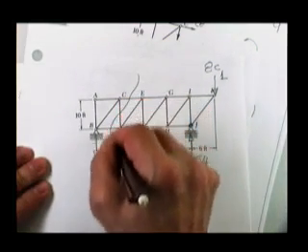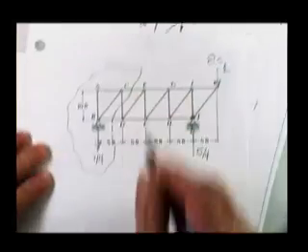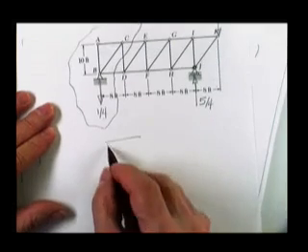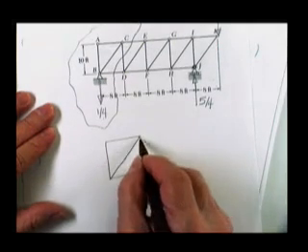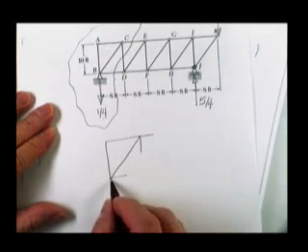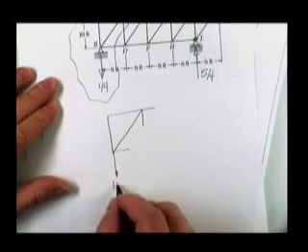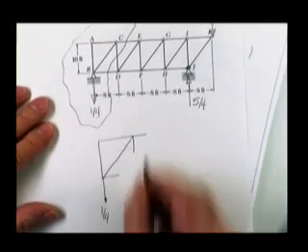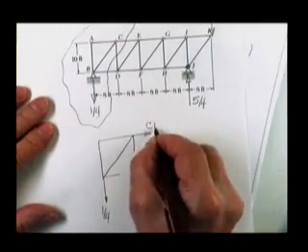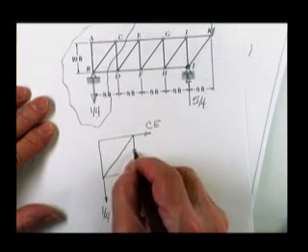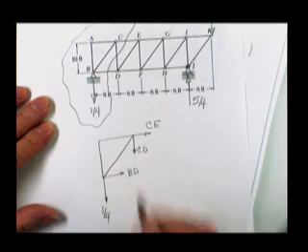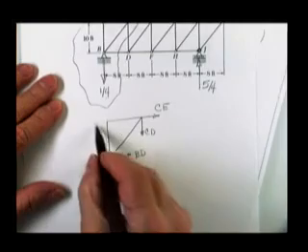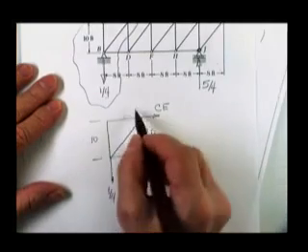Here's our free body. Here's the load, the reaction. Here is CE. Here is CD. Here is BD. This is 10.